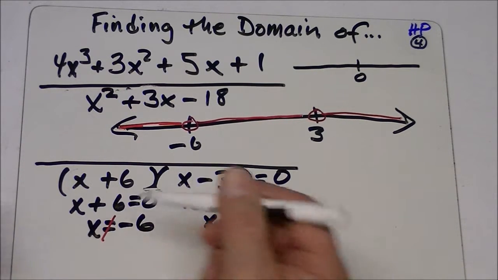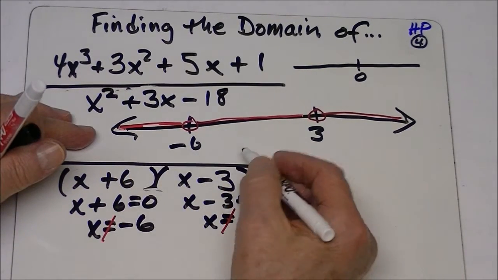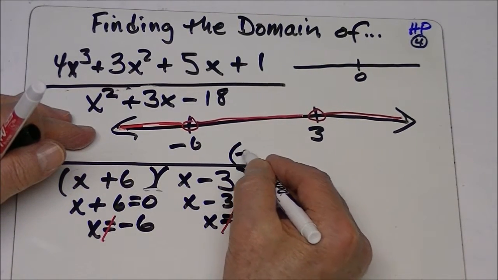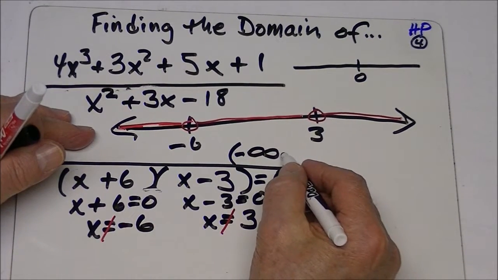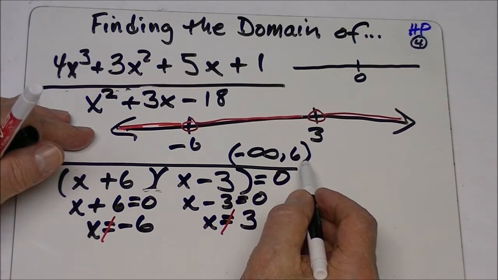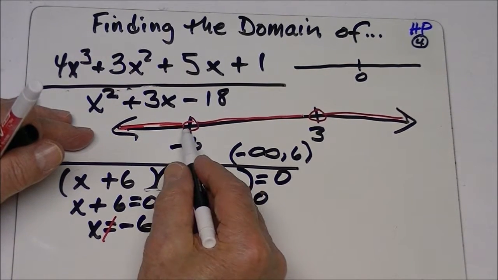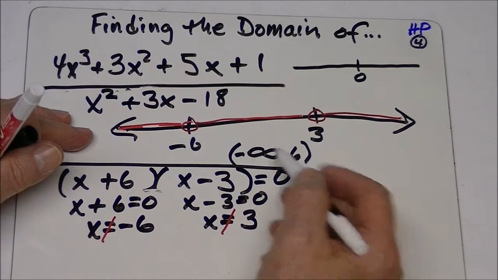Well, you may have forgotten, but where is this coming from over here? Well, it's coming from -infinity, and it goes up to just before -6. And we put a parenthesis there to indicate that's where it stops, just before -6. -6 is not included.